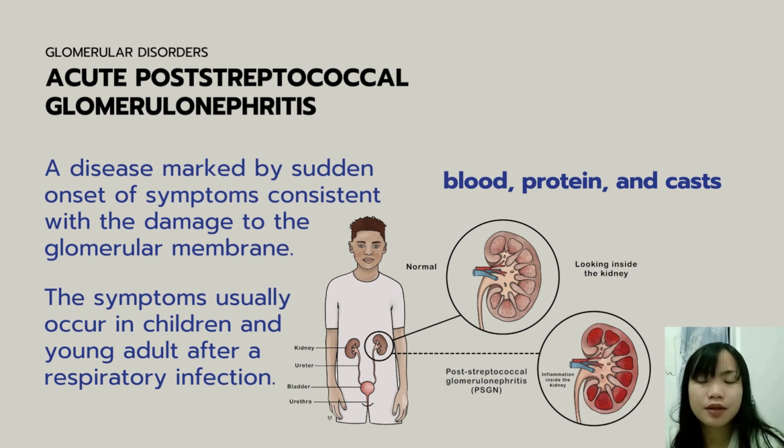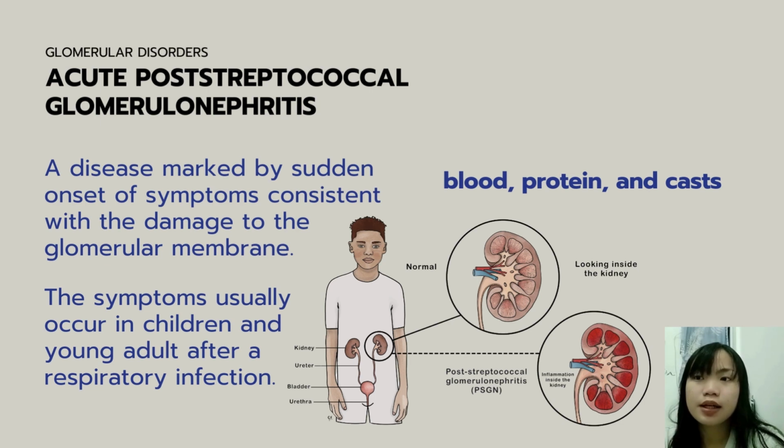So yung rheumatic fever natin, ito yung inflammation of the heart, joints, and blood vessels because of the complication of the pharyngitis. So, ayun nga, si Streptococcus pyogenes ay nagkakos ng respiratory disorder.